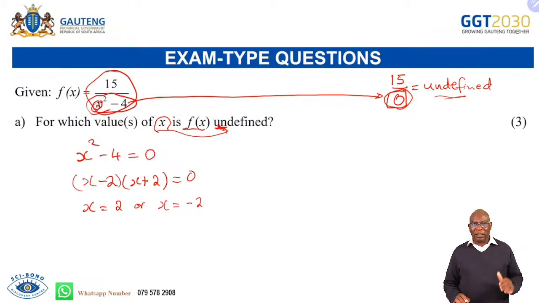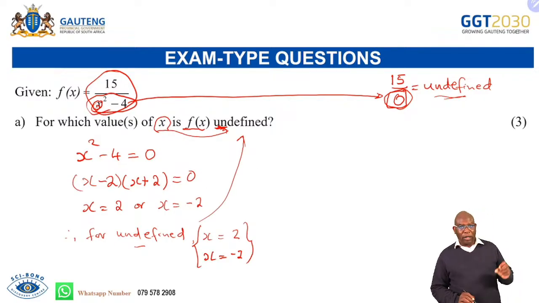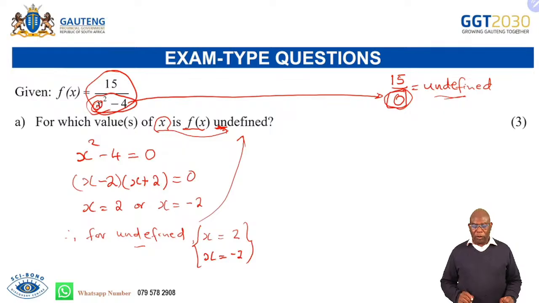In most question papers it is there, where you need to define the part. So for the undefined situation, my x will be equal to 2 and x will be equal to negative 2. It will be undefined when x is 2 or x is minus 2.